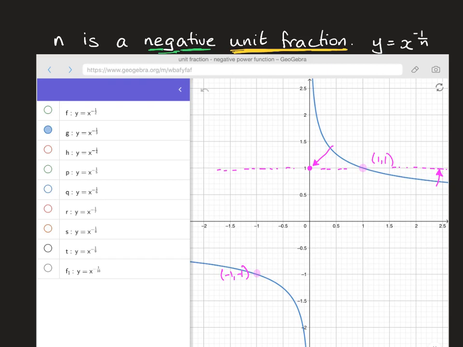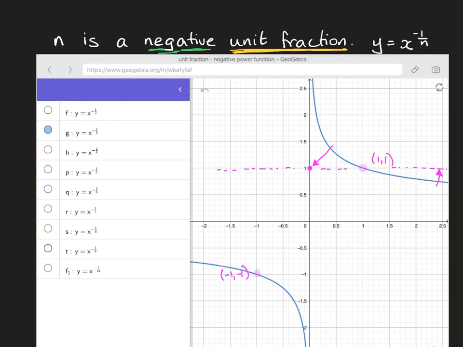So this graph is x to the power of -1/3, and you can see that we've got two arms like a hyperbola. So an odd number is giving us a hyperbola-like shape. We've got both arms. We call this one the positive arm, and we call this one the negative arm.